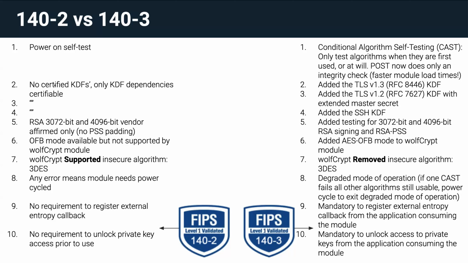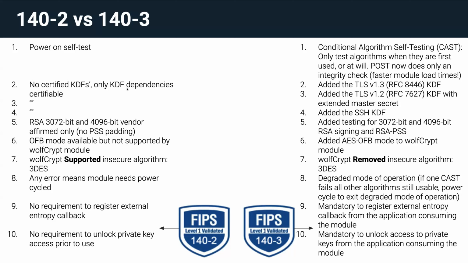Under 140-2, they didn't have full KDF certification throughout the entire life of the program. They did get it towards the end, but with 140-3, we can certify the KDFs from the very start out of the gate.